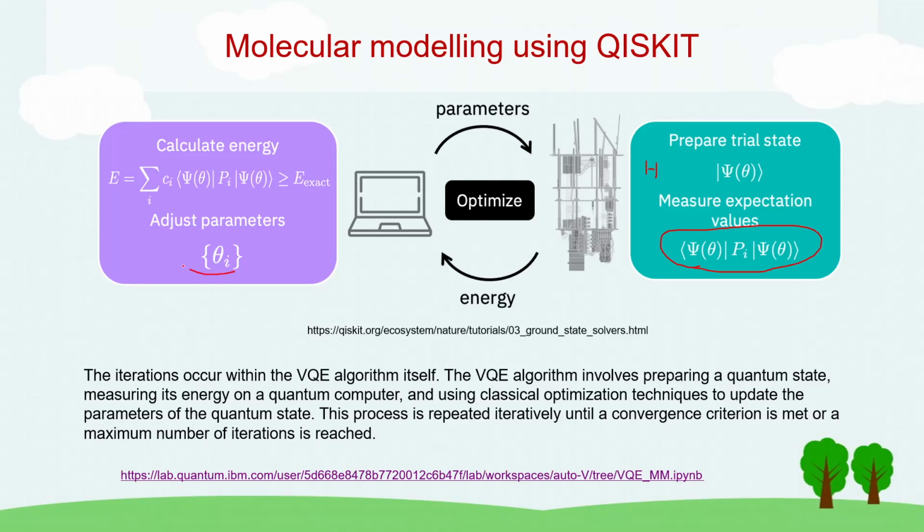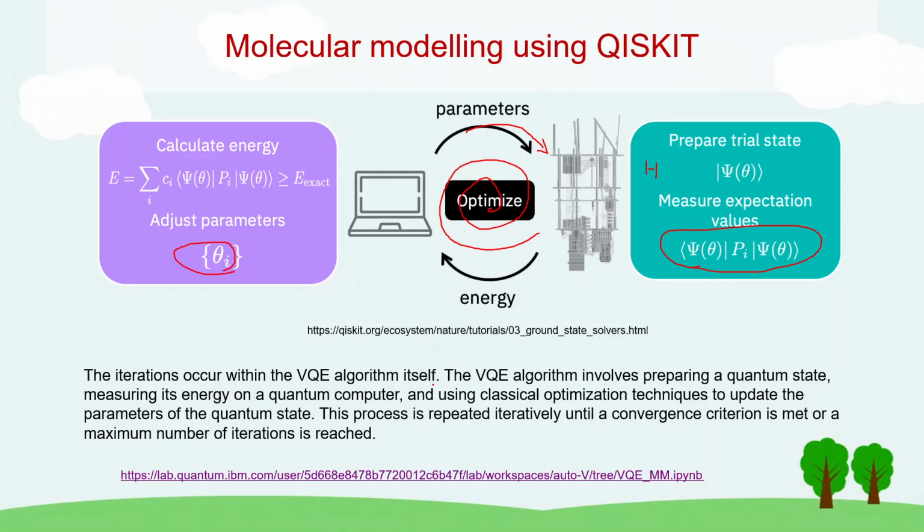If not, arrive at a new set of theta values in a classical computer and pass them on to the quantum computer. And then you keep repeating this process till you get an answer.